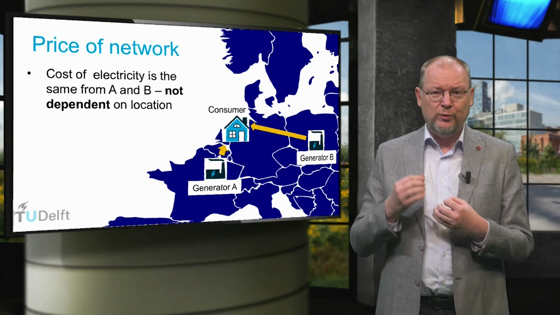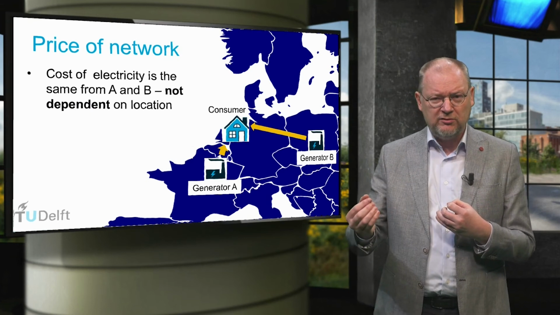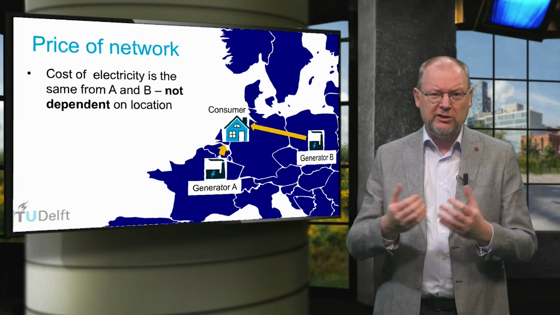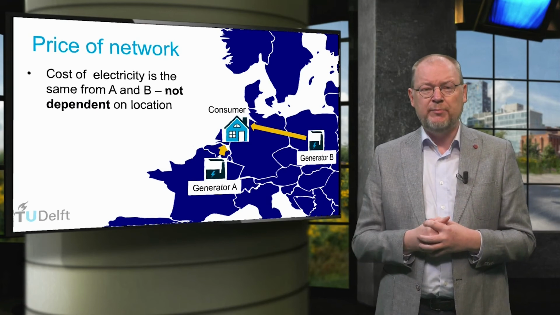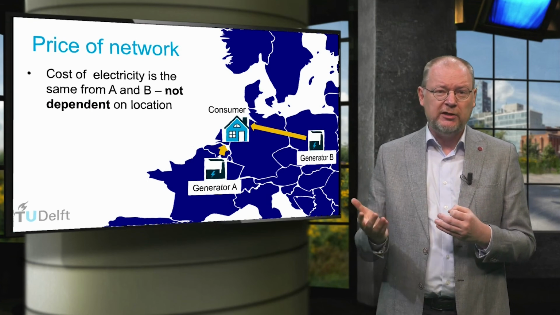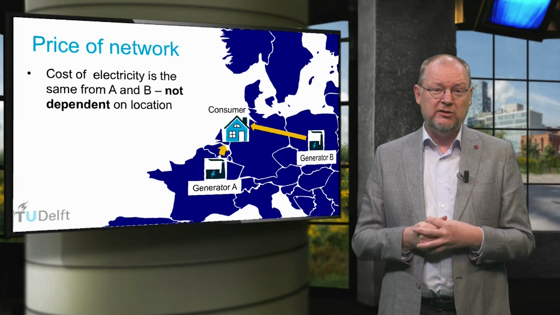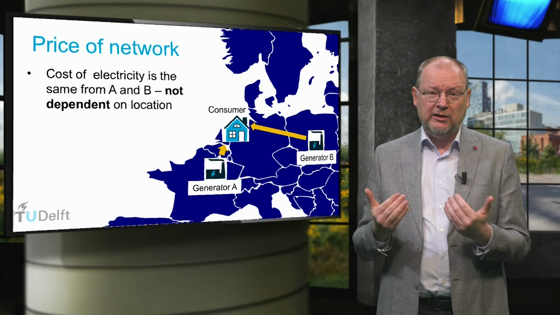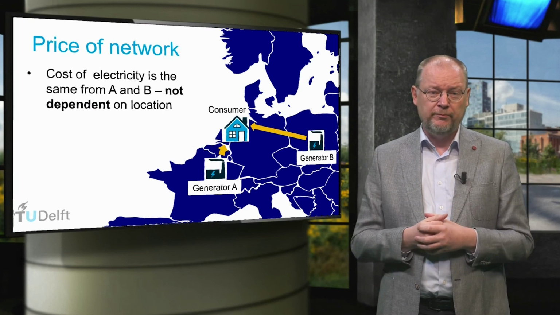And also, when I purchase electricity on the market, my network tariffs do not reflect where this electricity is coming from. It may be that the electricity is generated just on the other side of my town, in which case the electricity uses a fairly short route to my house, and I don't use the network too much.